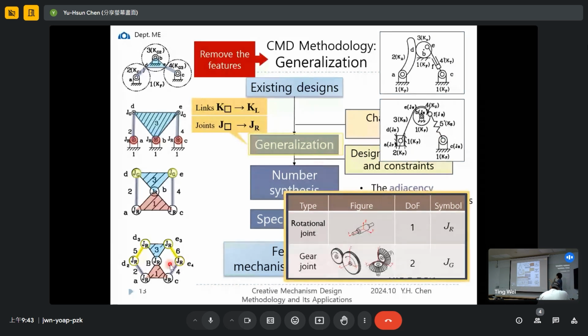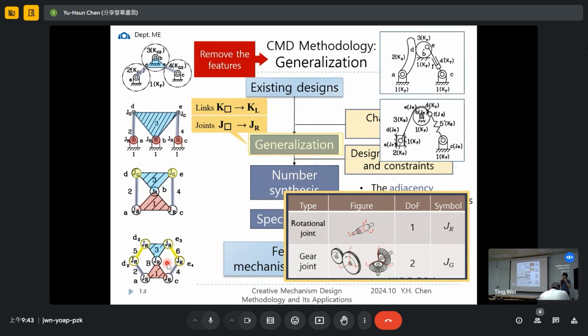If we remove all the features from the 2 mechanisms provided, these 3 mechanisms after generalization are all the same. It's just like we can find the same DNA in human beings.